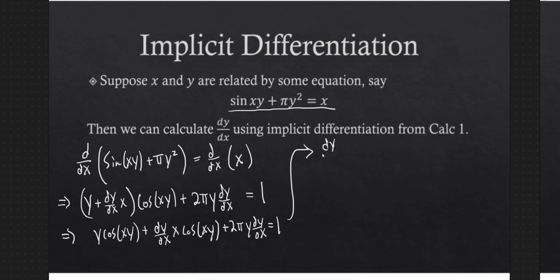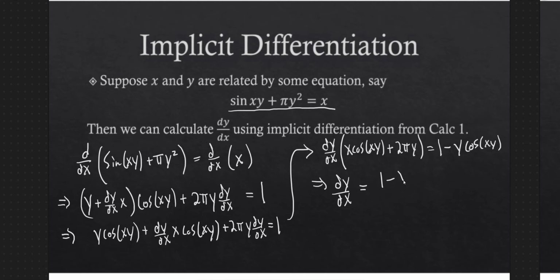So I'm going to have dy dx times x cosine xy plus 2 pi y, and over here, 1 minus y cosine xy. So that means, finally, dy dx is 1 minus y cosine xy over x cosine xy plus 2 pi y.